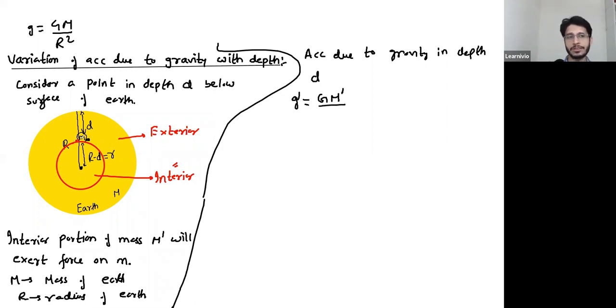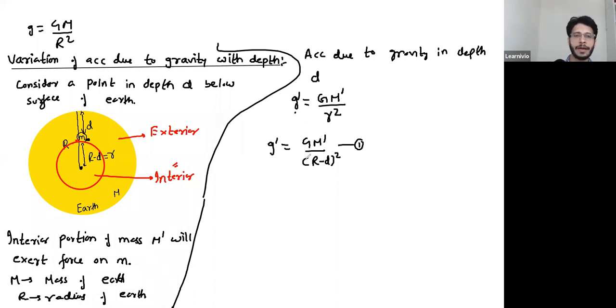The total Earth is not exerting force here, so even in the expression of acceleration due to gravity, we will not consider the mass of total Earth. We will consider the mass of only the interior portion, G M prime, divided by small r square. Next, you can write small r as R minus d. So it's G M prime over (R minus d) square. That's my first equation. Only one step is left, and that is to calculate M prime.